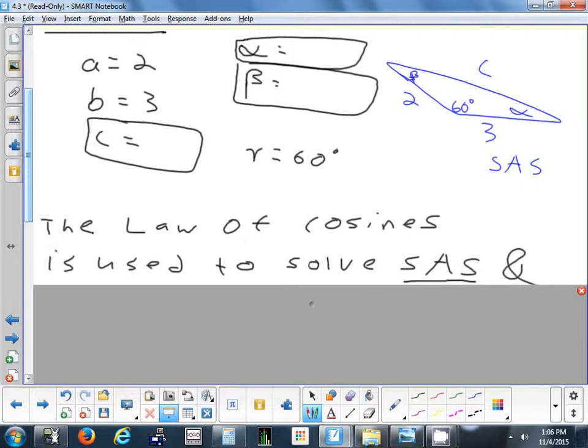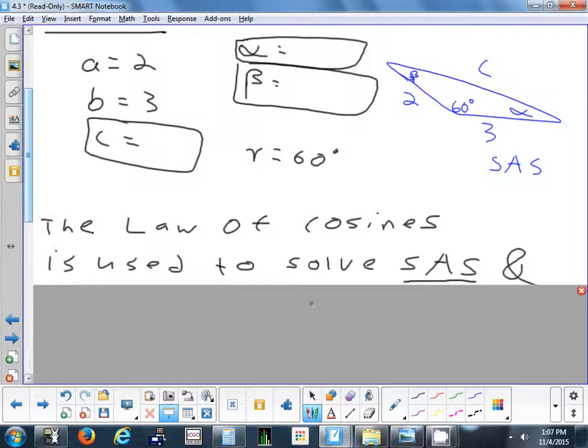We've done angle, side, angle, angle, angle, side, and side, side, angle. One more. Yeah? Did you say angle, side, side? I did, but I said it in a nicer way. Right. We usually say SSA instead of ASS, but just to be nice. But yeah, it is the same thing.